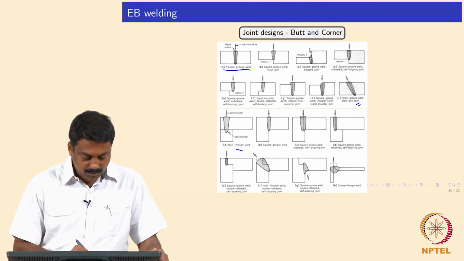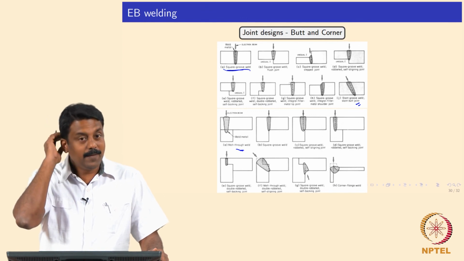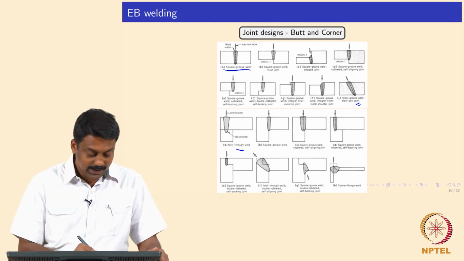And you see over here the melt through weld, and this can be achieved only by electron beam. Okay, so you join two pieces, and you are not doing a fillet weld. So a fillet weld you do as a melt through weld, because the electron beam power is so high and you can achieve deeper penetration.